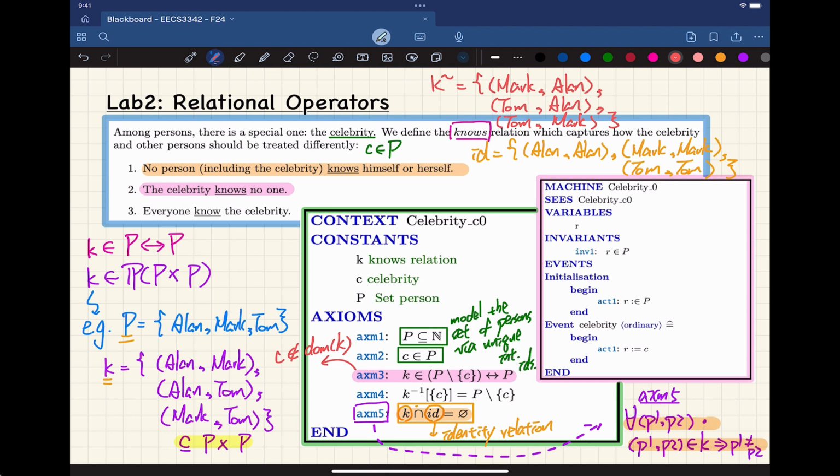Agree? I can tell you what the difference is between these two. If you look at this one here, it's definitely easy to understand. I'm just saying that the celebrity does not exist in the domain, meaning that Tom, in this case, does not know anybody. That definitely maps to number 2.